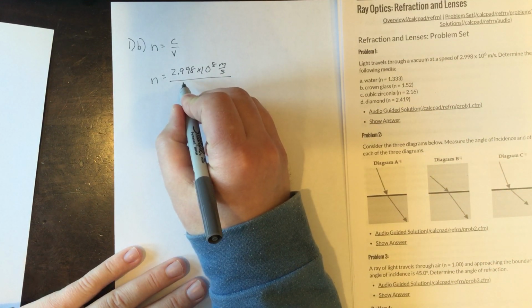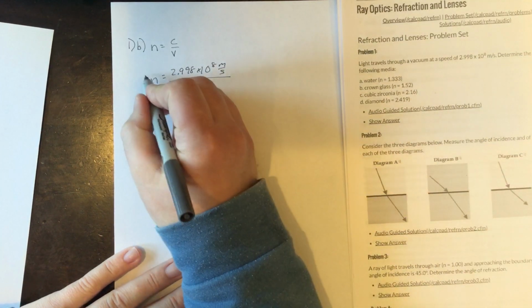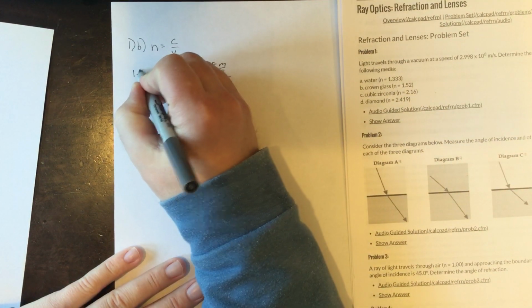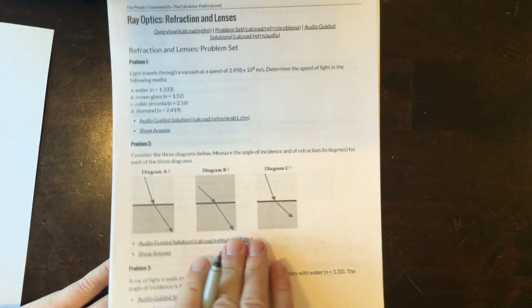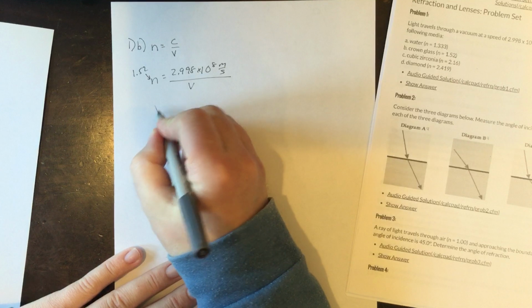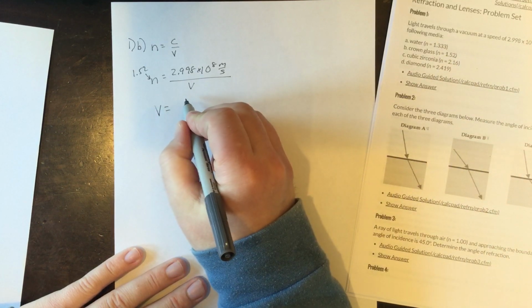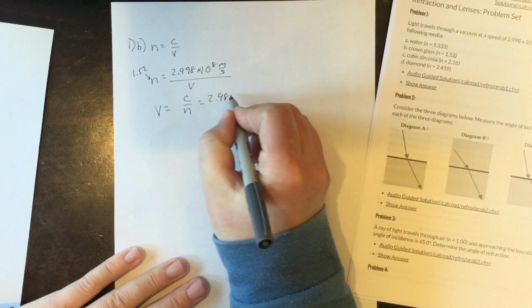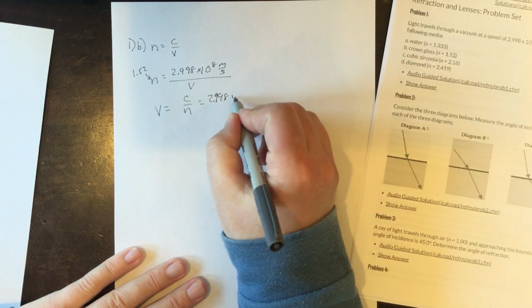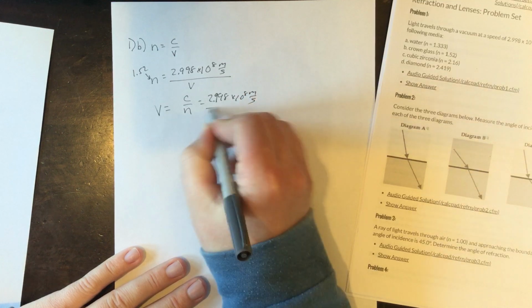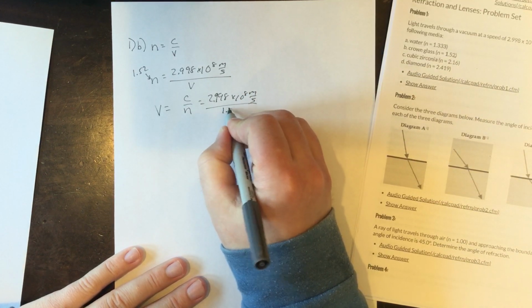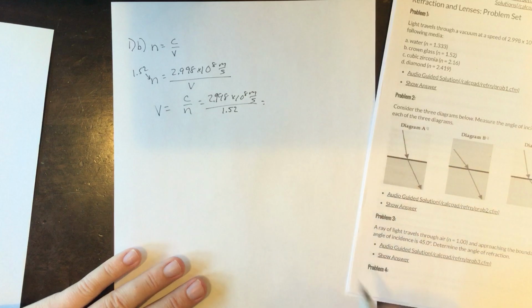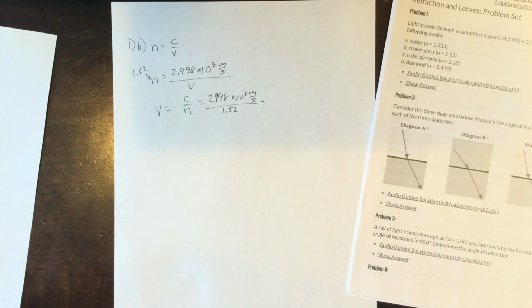And we're looking for the velocity. The n in crown glass is 1.52. So we are solving for the velocity. So v would actually be equal to c divided by n if we do the algebra. 2.998 divided by my index of refraction, and that will give me a velocity that is less.